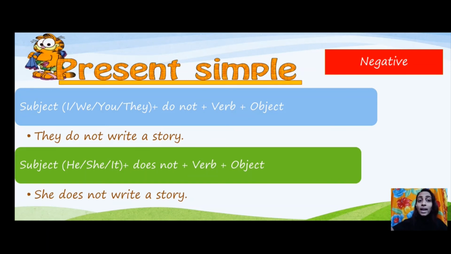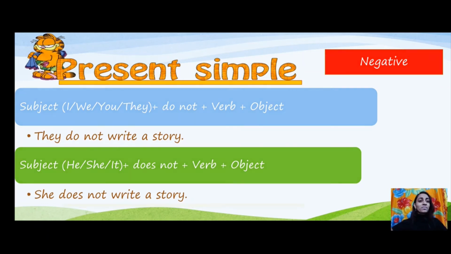Not. Why? Because this is a negative sentence. Very good. Subject plus does not plus verb in the first form plus object. Let us see examples. She does not write a story. He does not write a story. It does not write a story.